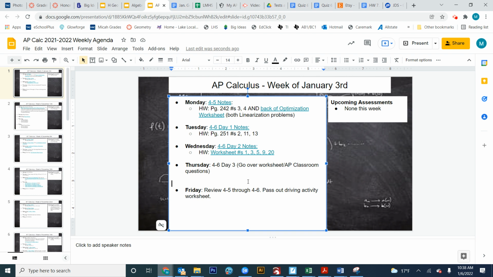It's looking like a quick quiz on Monday over 4-5 and 4-6, and I will narrow it down. So when I say review, it's kind of like a quiz review, but I'm also going to introduce an activity you guys are going to be doing. I will narrow down the related rates question types that would be on the quiz. All right. The linearization, you're going to need your calculator. So this is going to be a completely calculator allowed quiz on Monday.